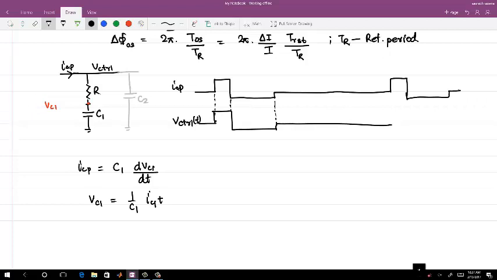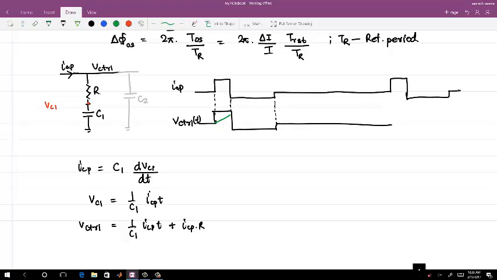VC1 goes that way, and your V control is actually 1 by C1 ICP times T plus your ICP times R. This other part is the proportional part. On top of this, this is what I am having because of the C1 part. I hope that is right.